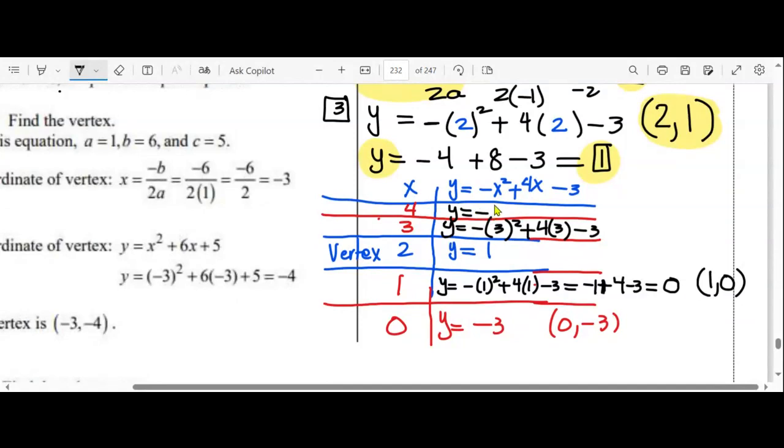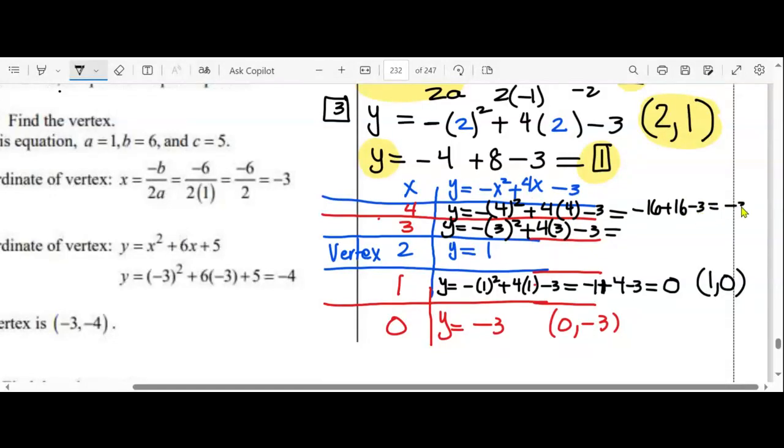If you replace x by 4, how much is y? So negative 4 times 4 is what? 16. So it's going to be negative 16 plus 16 minus 3.